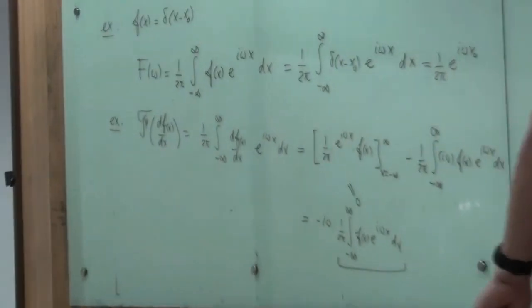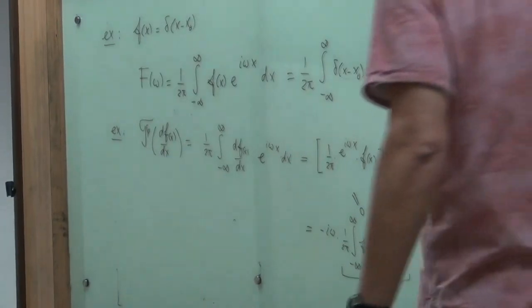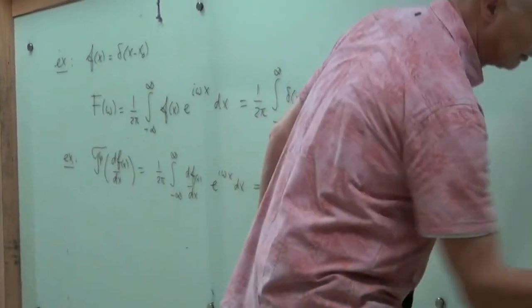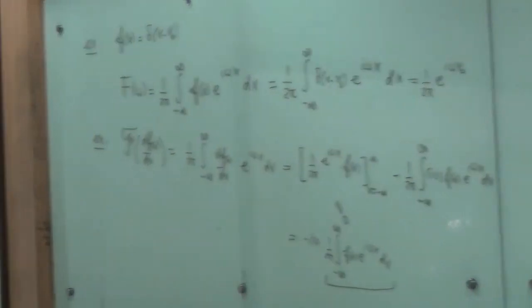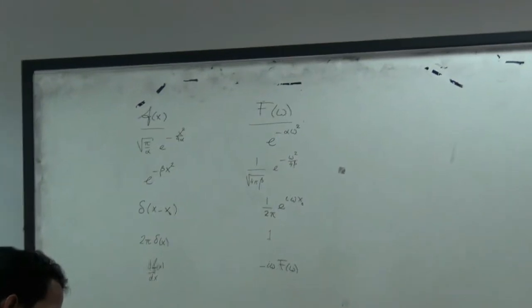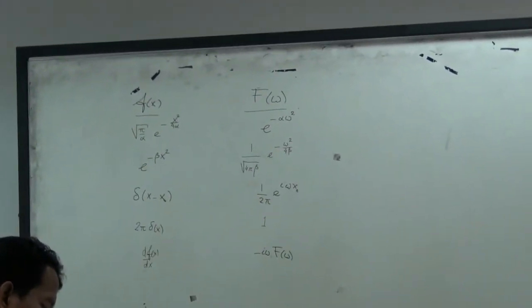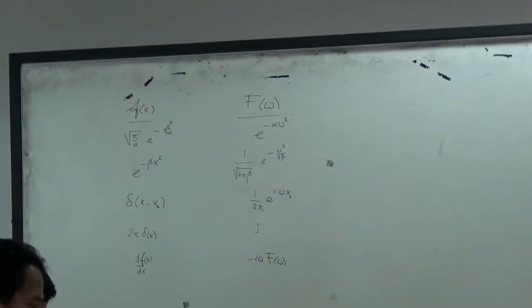Usually I have second order derivatives in my problem. Think of the wave equation, think of the heat equation. So let's have a look at what the second order derivative is doing. Second order derivative, another example.